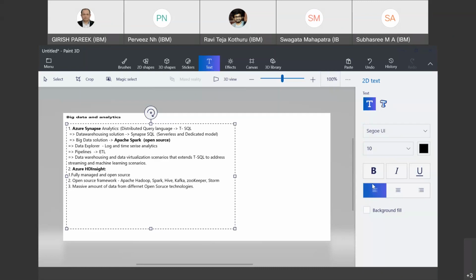Since it was a combination of both, the name was not appropriate, and therefore Azure changed the name of this service to Azure Synapse Analytics, because it provides you limitless analytics services.